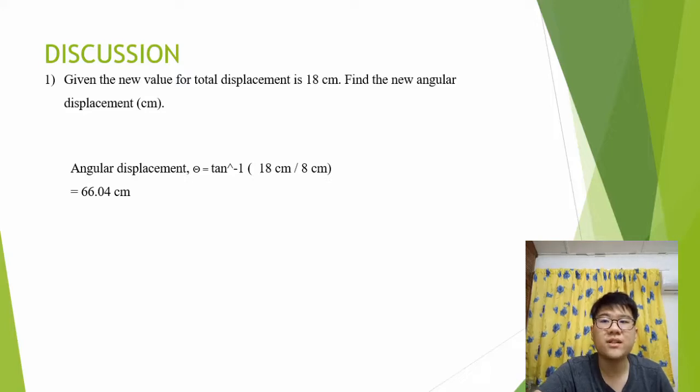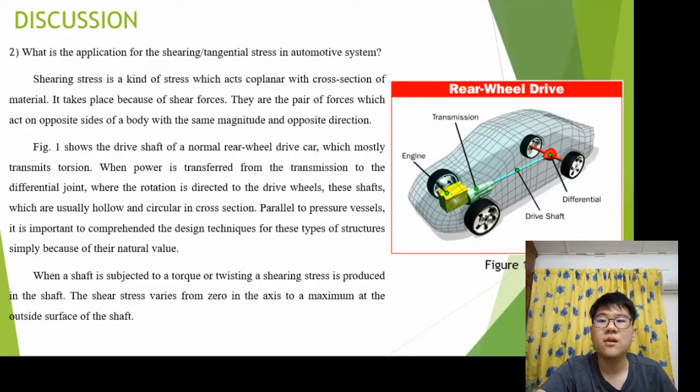Angular displacement is equal to tangent power -1 times 80 cm divided by x cm, which equals 66.04. And now question 2, what is the application of the shearing or tangential stress in automotive systems?